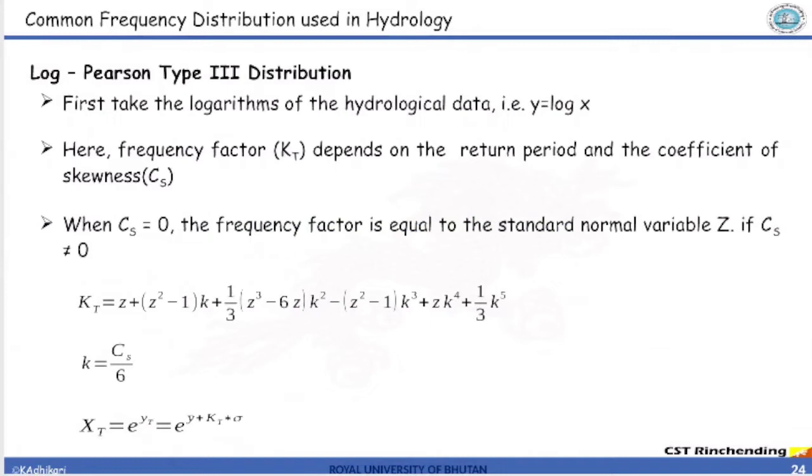If you do the logarithmic transformation of the data set and you realize that it fits a Pearson distribution, then we call it the log Pearson distribution. It is a commonly used distribution in hydrology. For the log Pearson distribution, the frequency factor is calculated by this equation, where k is the coefficient of skewness divided by 6.